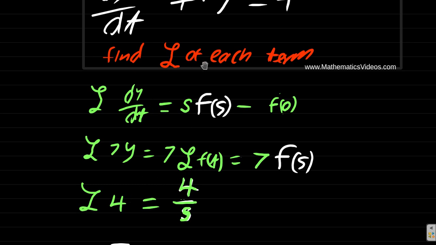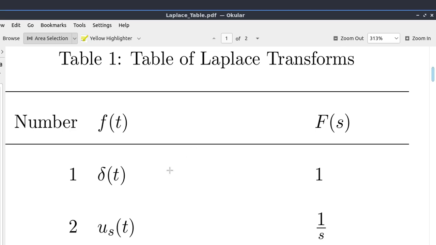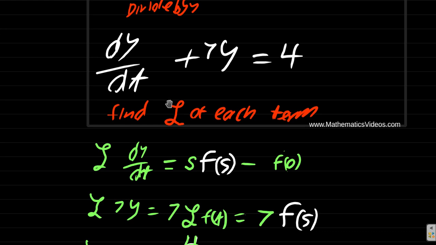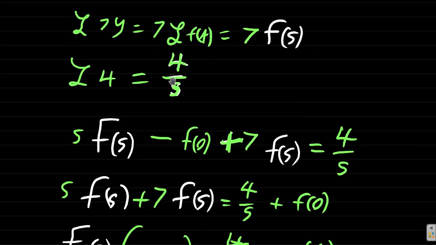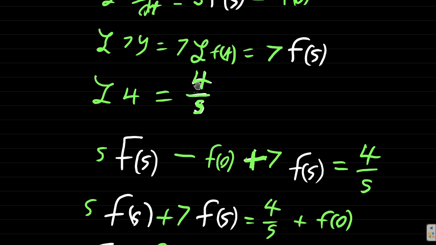What's the Laplace transform of 4? The Laplace transform of 1 is 1 over s, so the Laplace transform of 4 will be 4 over s. In the previous video I made the mistake of putting 7 over s and then realized it much later and had to go back. But anyway, we write out everything as is.